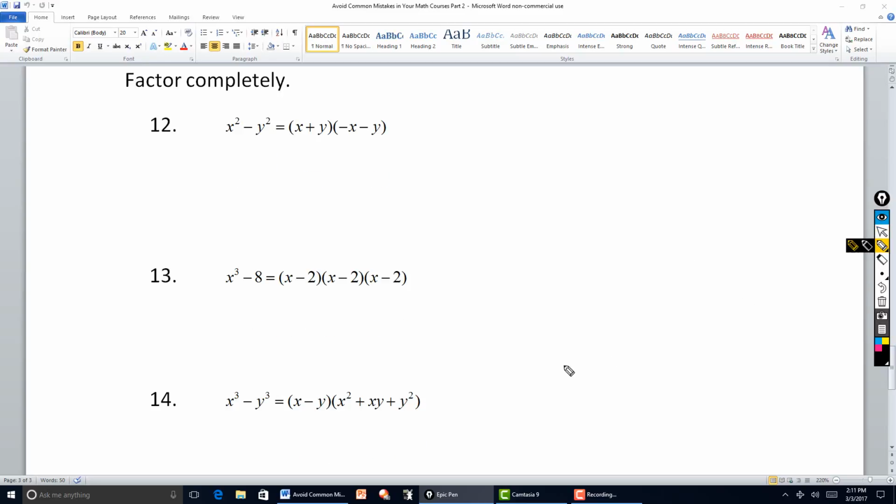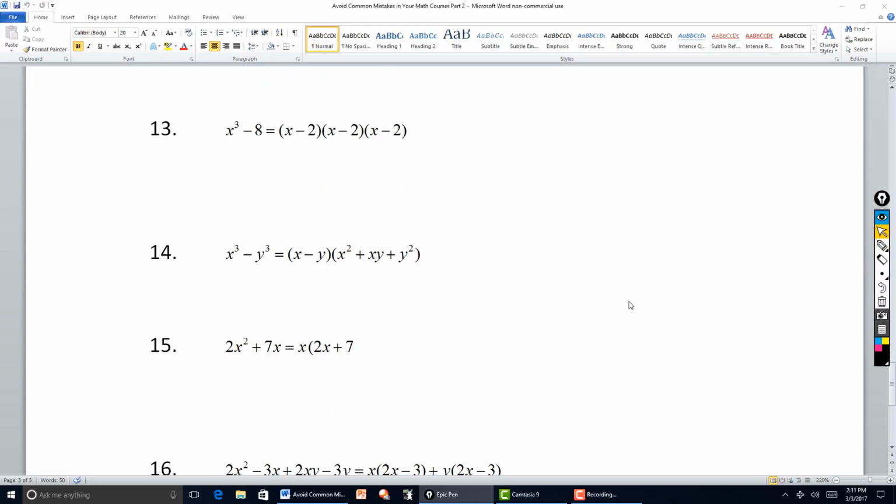So I just told you the formula. Okay, so that one is true. X cubed minus y cubed does give you x minus y times x squared plus xy plus y squared. Okay, go to the next one.